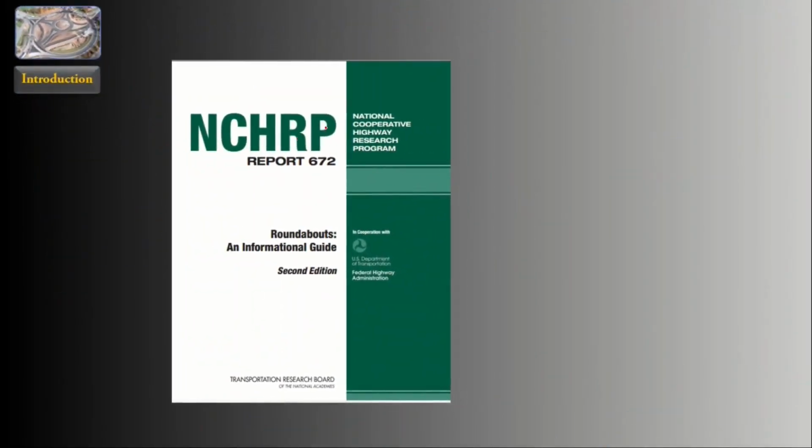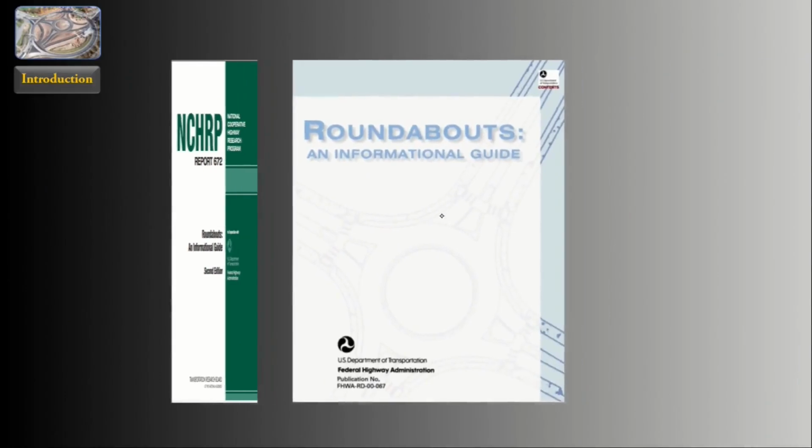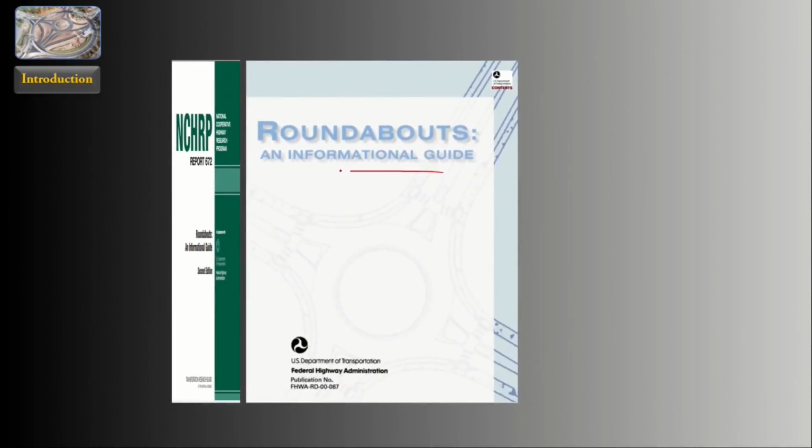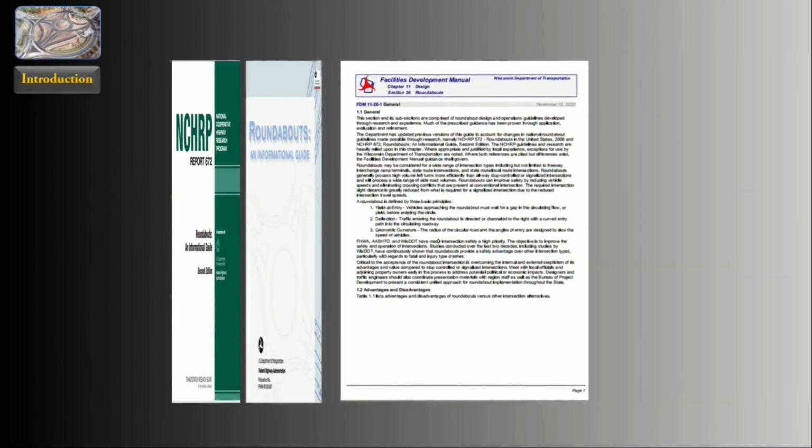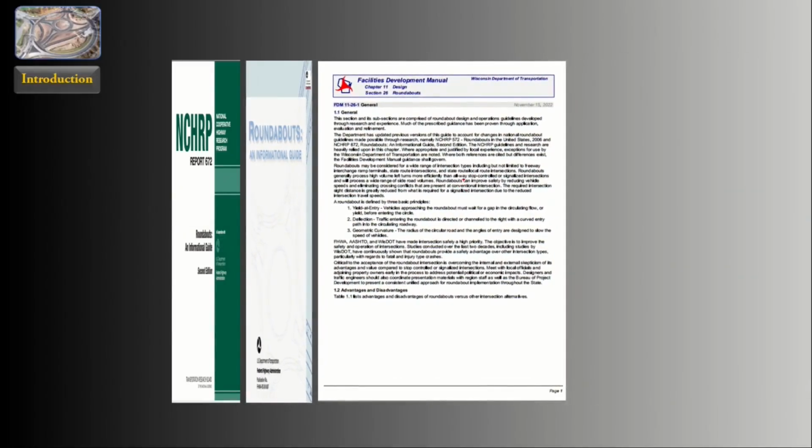The information presented in these sections is mostly taken from NCHRP Report 672, second edition. We will also refer to the informational guide on roundabouts of the Federal Highway Administration, and to get more detailed information for designing some special parts like alignment of approaches in rural areas, we'll use some parts of the Facilities Development Manual of Wisconsin.